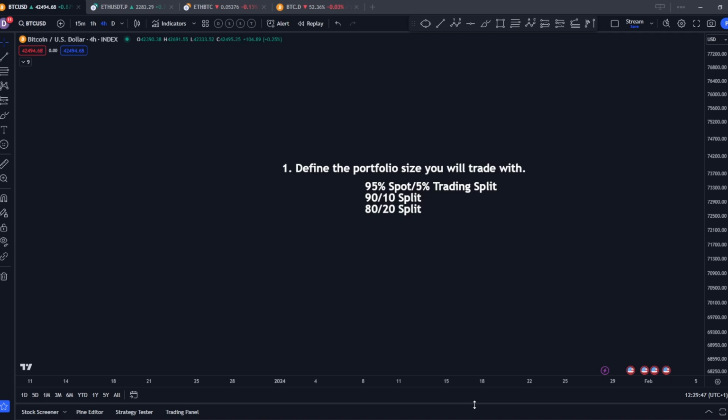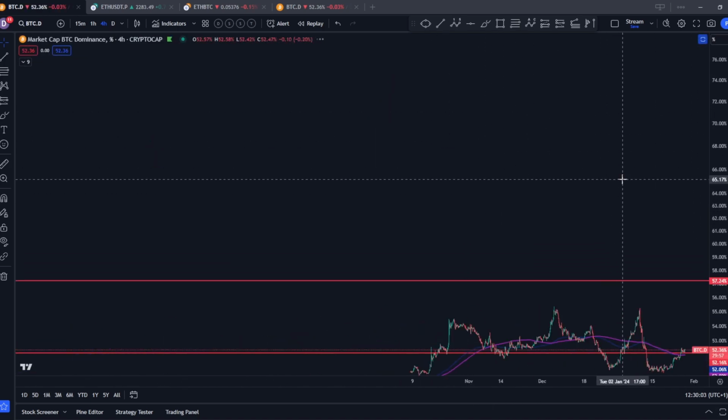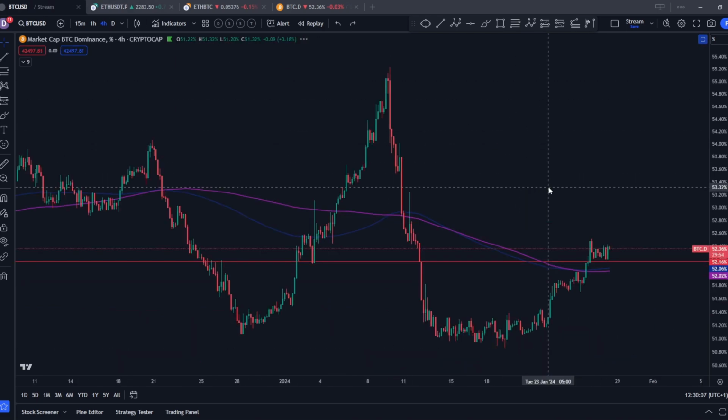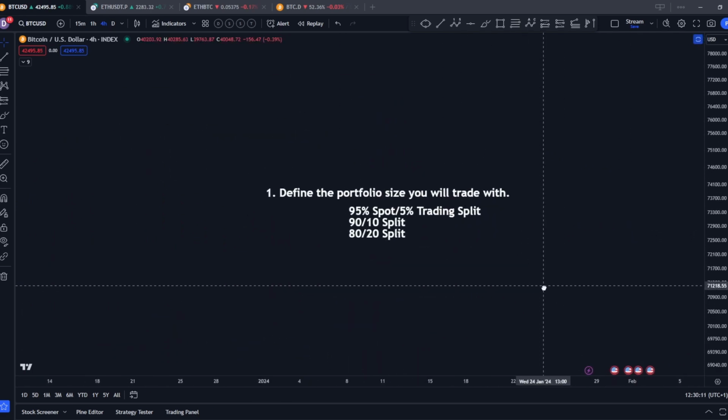And also, if you really screw up, then you're gonna have a hit on your entire portfolio. Well, if you only take a small percentage of your portfolio, especially when starting off, even if you screw up, then you're still not gonna be losing a lot of your portfolio.